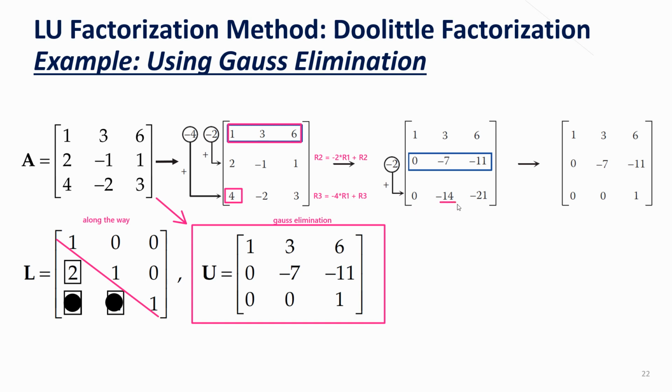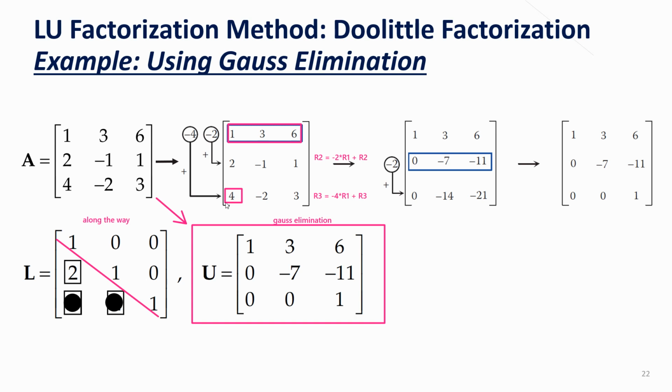Okay, correct. So previously you got 0, now -14. Now the last one, 6 multiplied by -4 is -24, plus 3 equals -21. Now you've got the last row done here. So now you obtain this one.